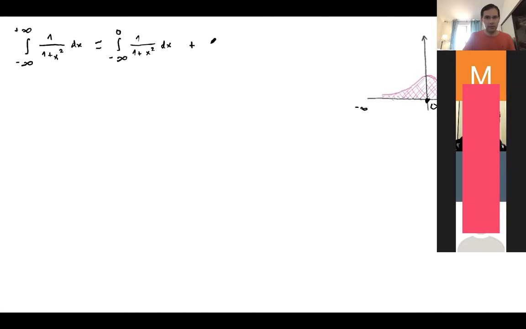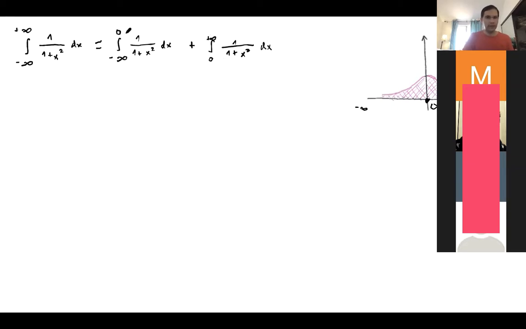So then we go integral from 0 to positive infinity, and the function is again the same, 1 divided by 1 plus x squared dx. This is an improper integral because the limit of integration is infinite, and so is the other one. There are 2 improper integrals, and so we evaluate them using the idea of limit.